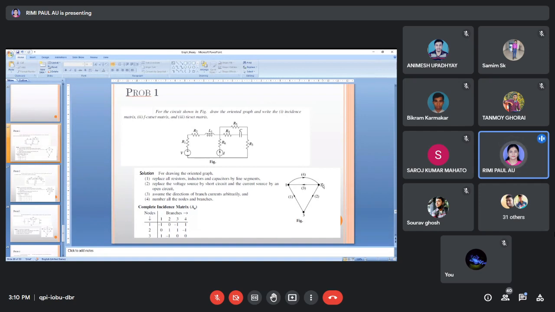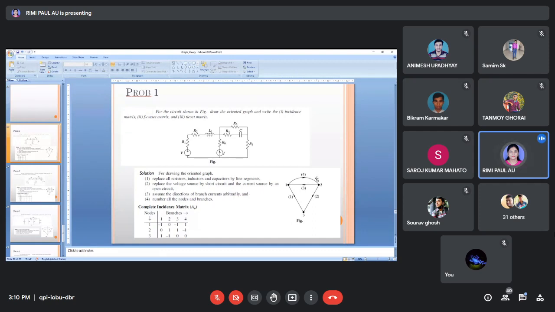So we can see that for branch 3 direction of current is away. This branch 2 direction of current is away from this node, but this branch 4 it is incoming. Current is incoming towards the node. So this is a minus. So this is a -1. Similarly, you will see for 3. So this is a complete incidence matrix.